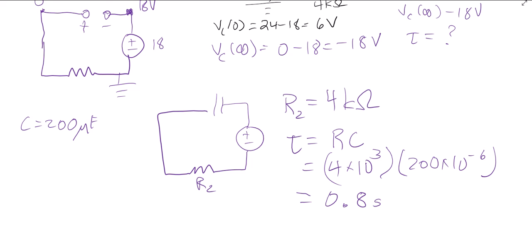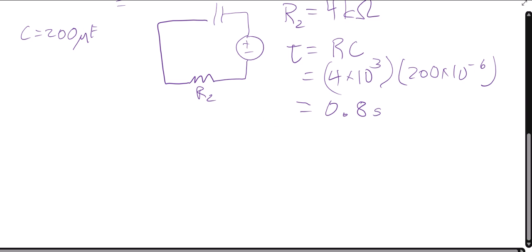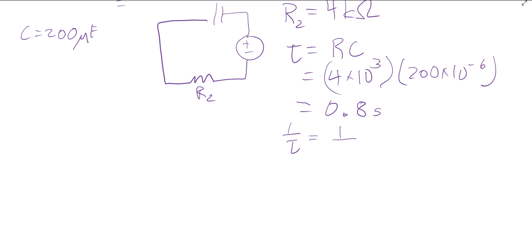The units of a time constant are seconds, because it's a time. And then I like finding 1 over tau, so 1 over 0.8 is 1.25, and again it just makes for a prettier final answer.